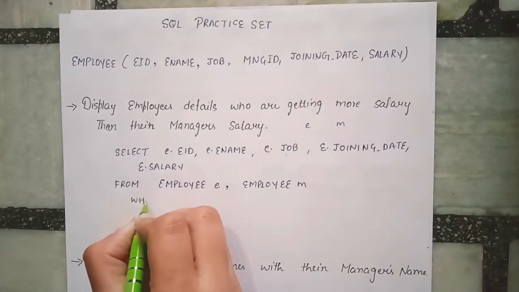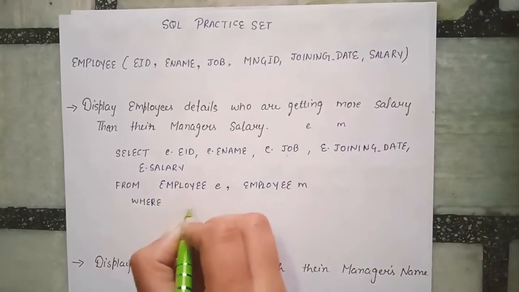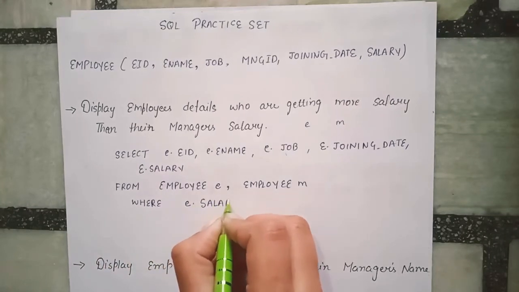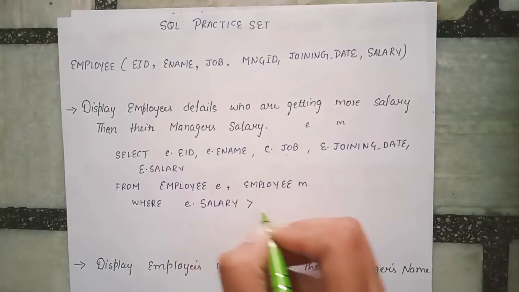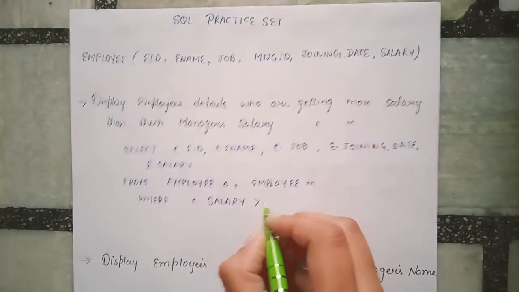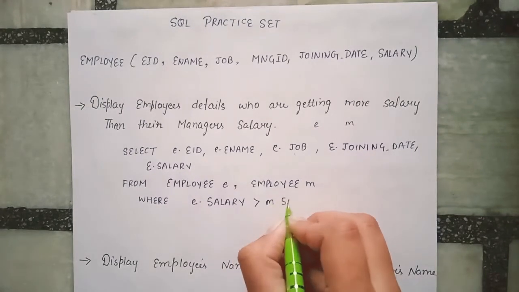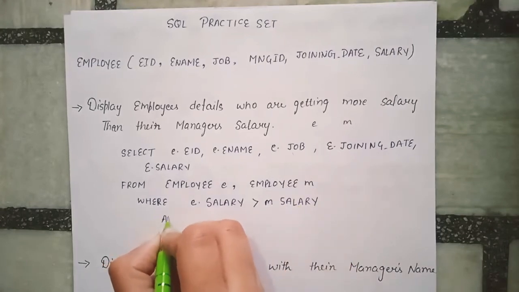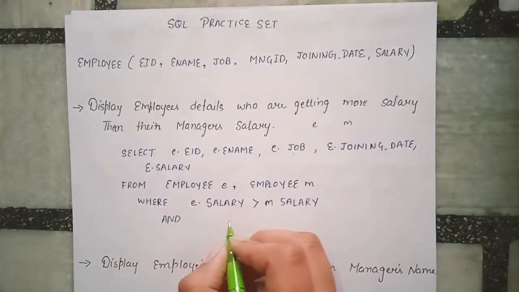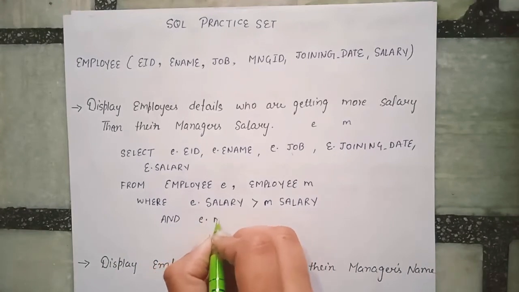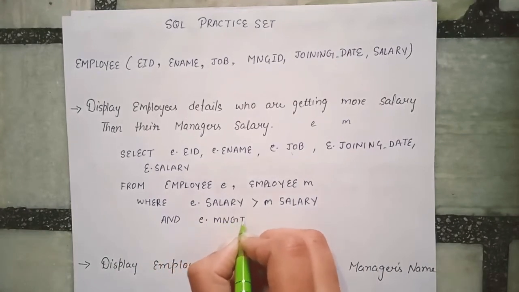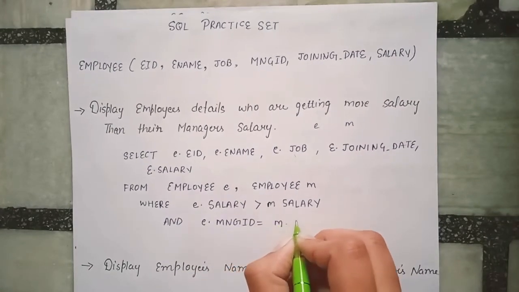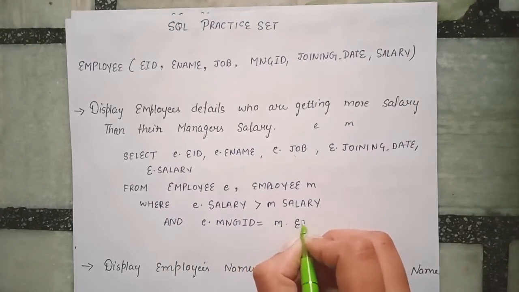Where E dot salary is greater than M dot salary, and, here I'm making use of the and operator, the second condition is E dot manager ID is equal to M dot employee ID.